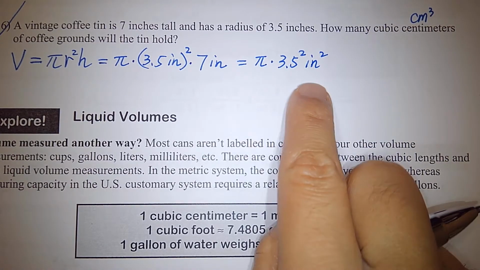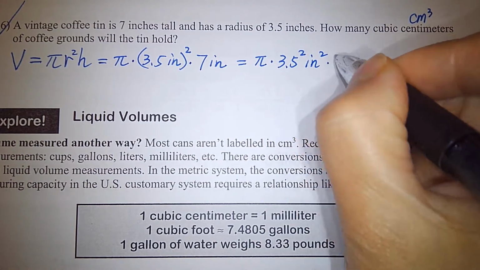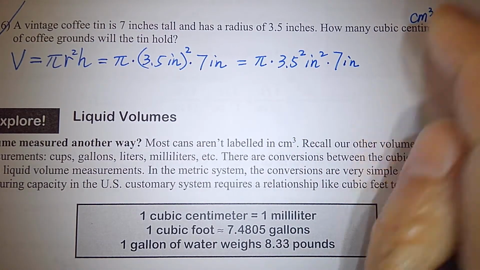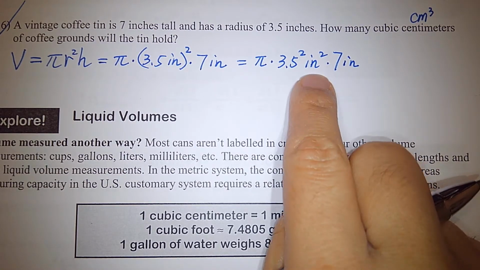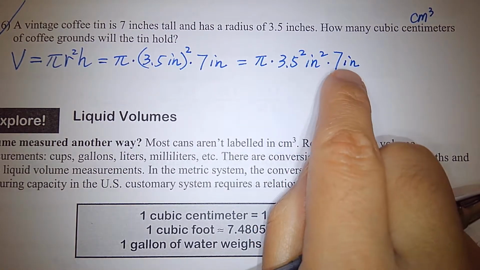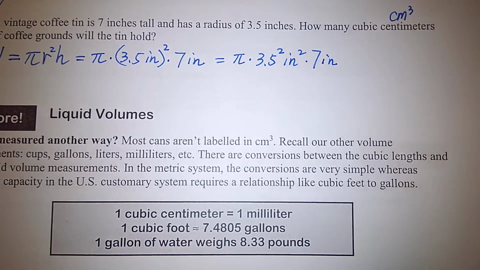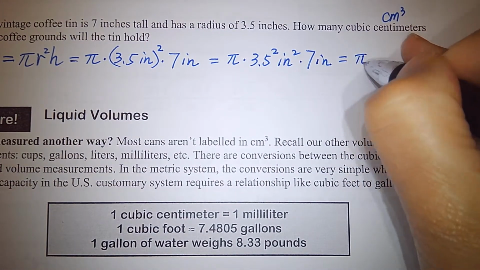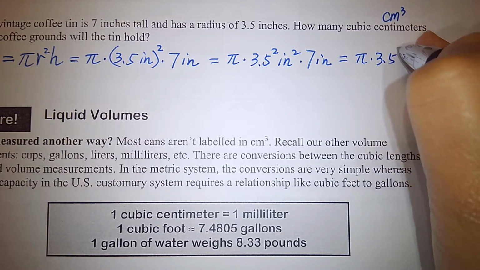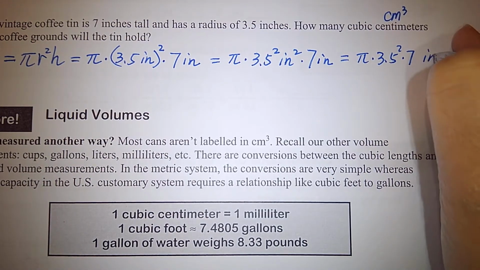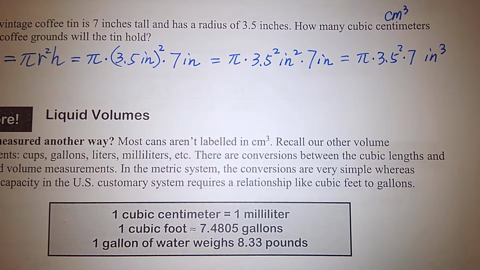Square inch, right? And then times 7 inch, right? So together, inch square times inch give us what? Cubic inch. Okay, I'm going to rewrite this as pi times 3.5 square times 7 cubic inch.